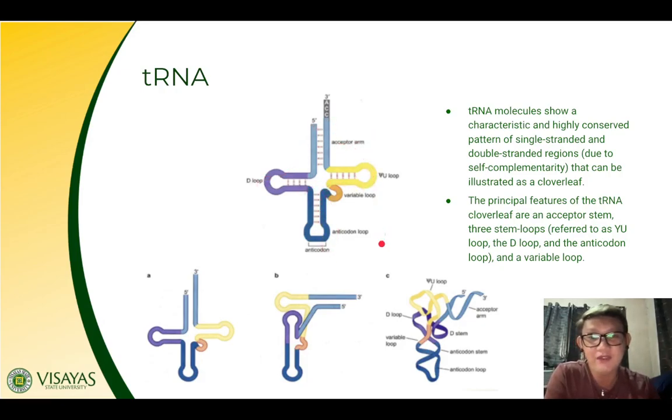The principal features of the tRNA cloverleaf are the acceptor stem, the three stem loops referred to as the U, the D, and the anticodon loop, and the variable loop.